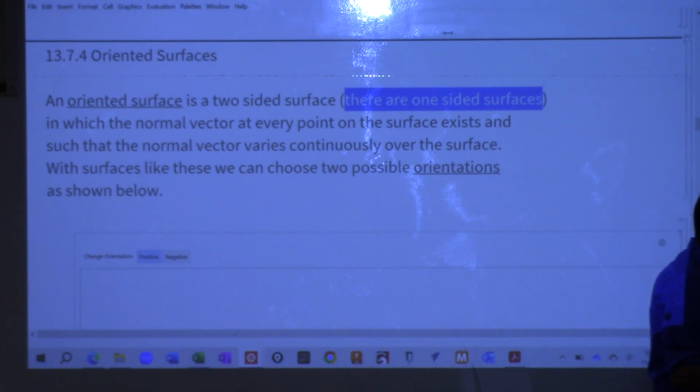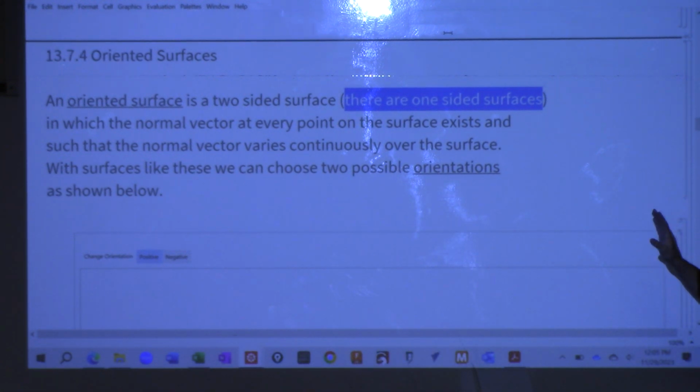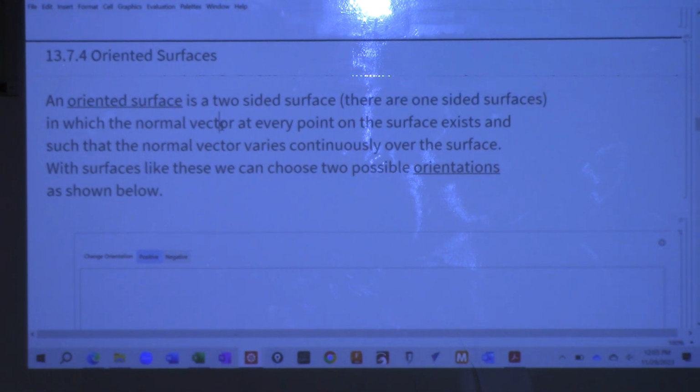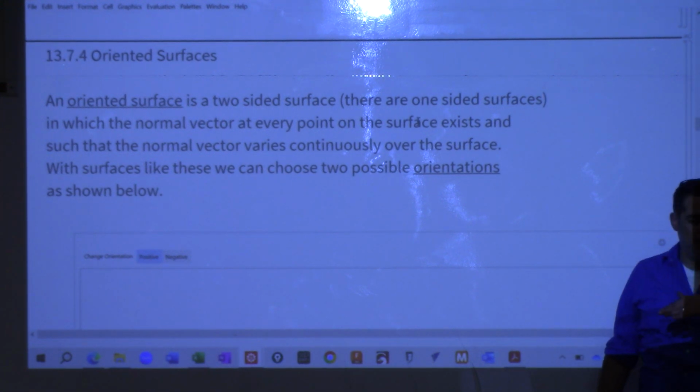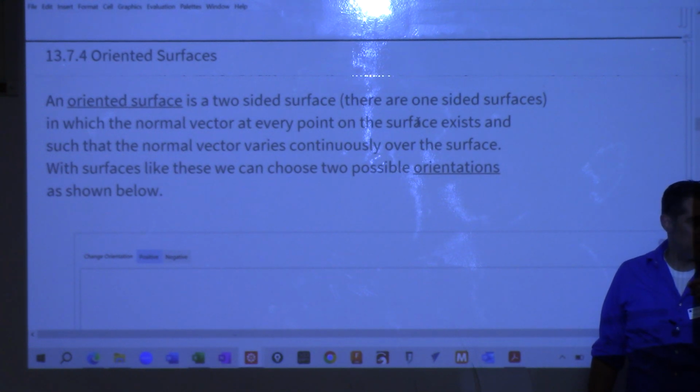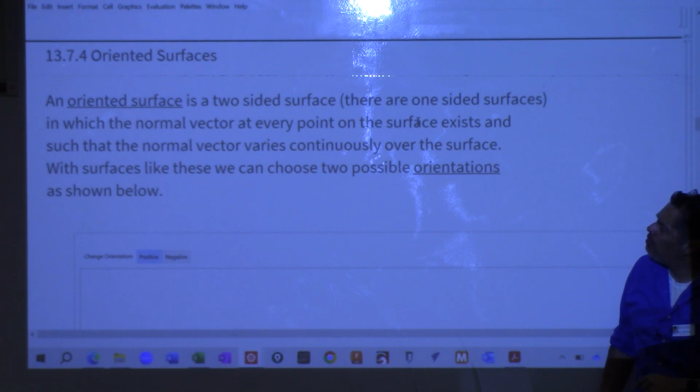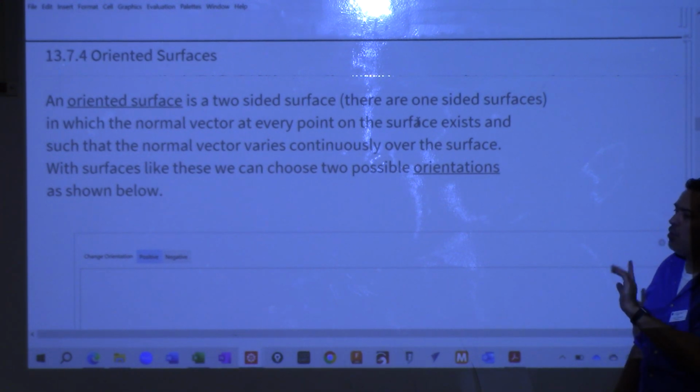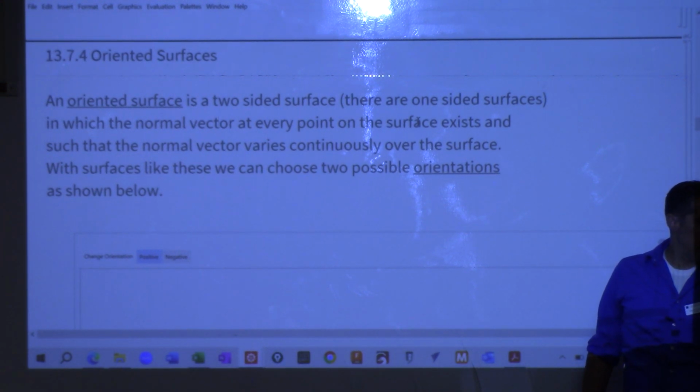An oriented surface is a two-sided surface. So we have to make sure we're not talking about the one-sided kind. It's a two-sided surface, which most of us are cool with, in which the normal vector at every point on the surface exists. Remember, a normal vector is a vector that is orthogonal to the surface. Sorry, I shouldn't say unit normal yet. Normal, perpendicular to the surface.